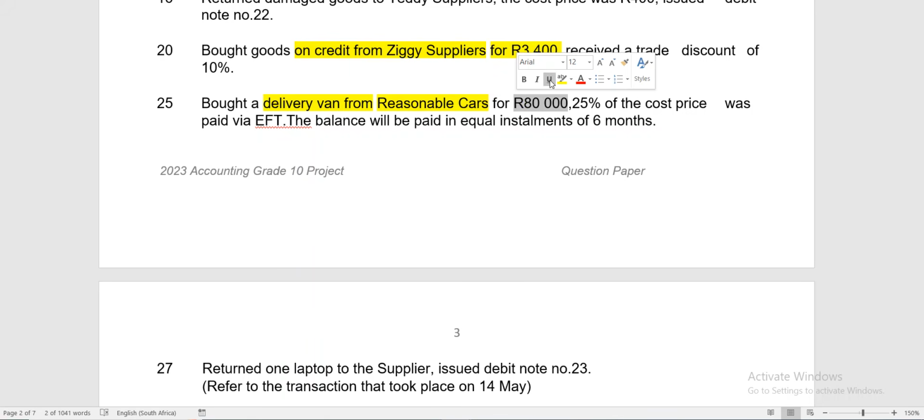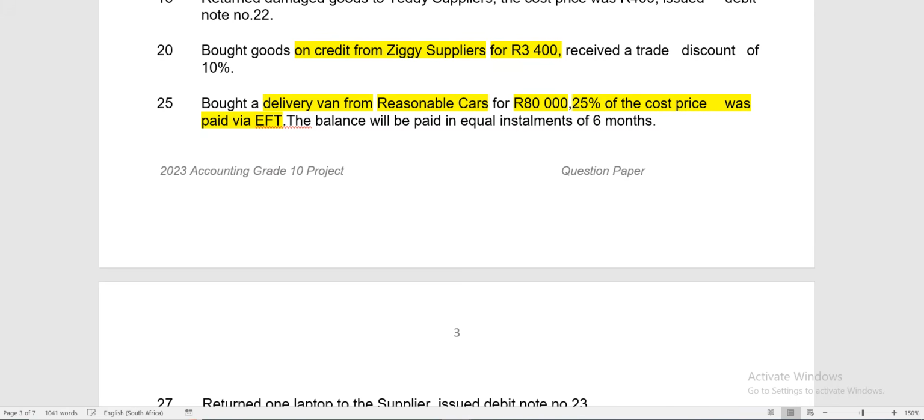The total cost price was 80,000, but we need to check how much we are going to buy on credit. They're saying that 25% of the cost price was paid via EFT. So if we paid 25% of the cost price via EFT, remember, when you do double entry, this is how you are going to record this.